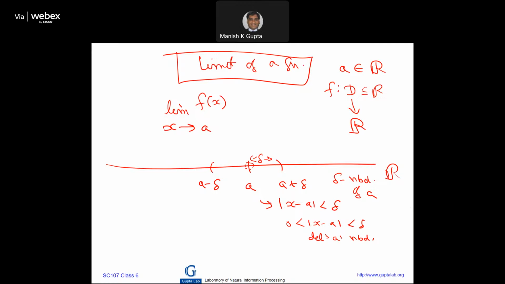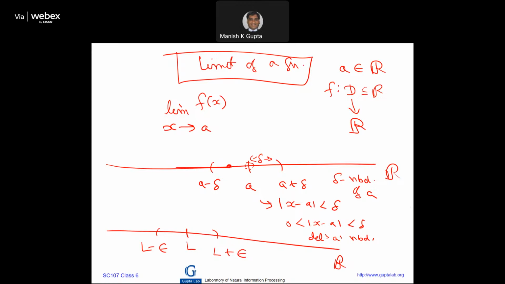What is the value of the limit of f(x) as x goes towards A? In that case, what happens? For convenience, I'm taking another real line, but this could be the same. Here, suppose there is a point L, and here this is L minus epsilon and L plus epsilon.